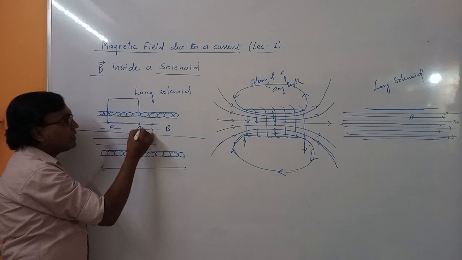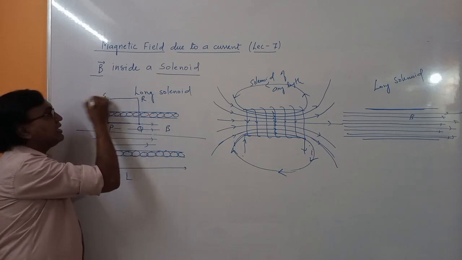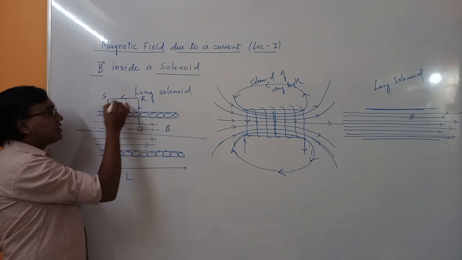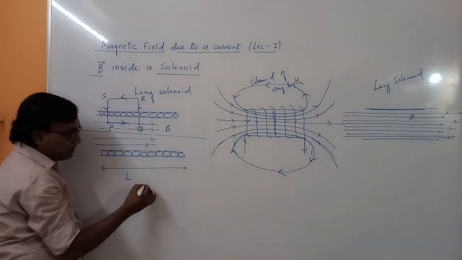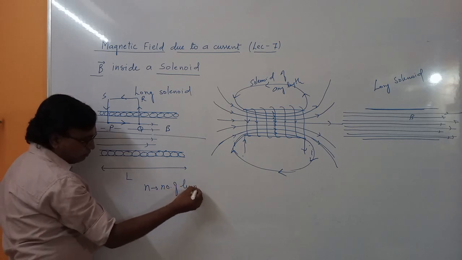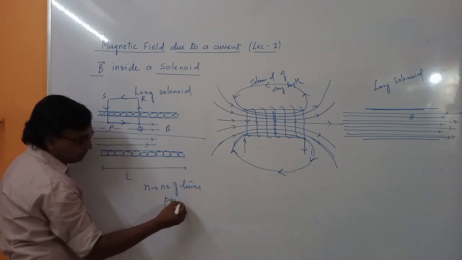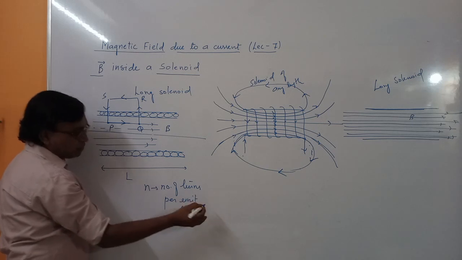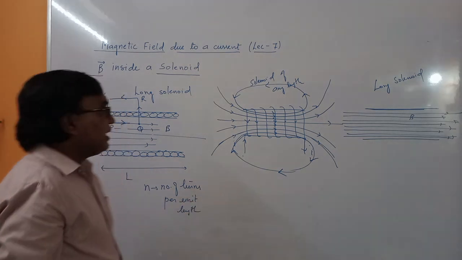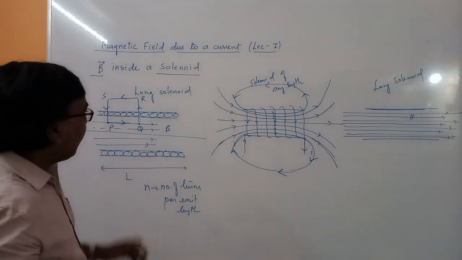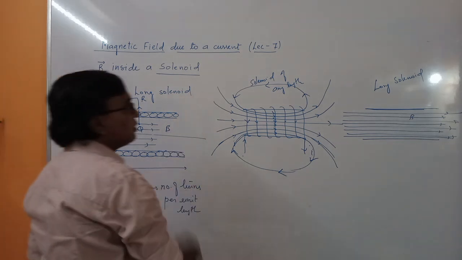Let us say this is point Q, R, S. In this loop we will move along this direction. Then n is number of turns per unit length of the solenoid. Now we will apply Ampere's law, so I will remove this.